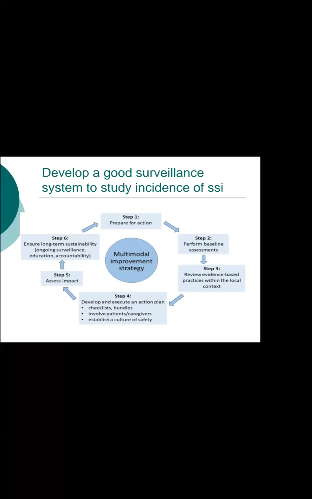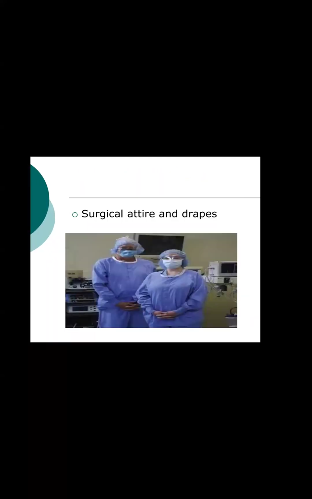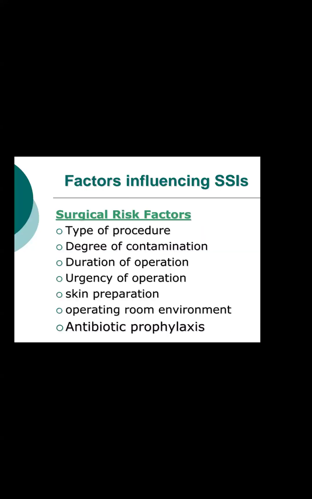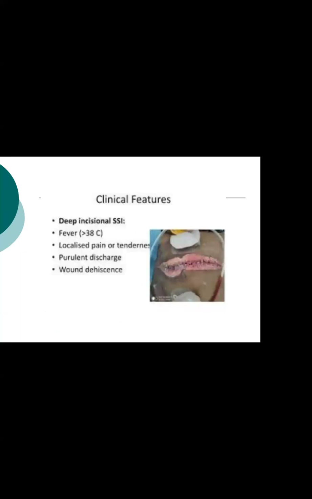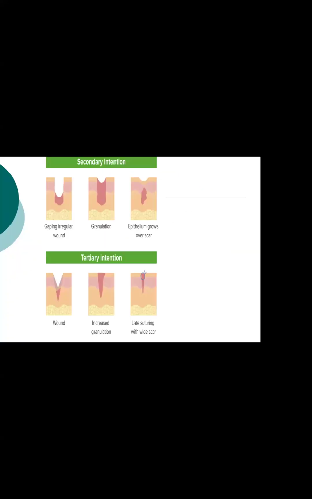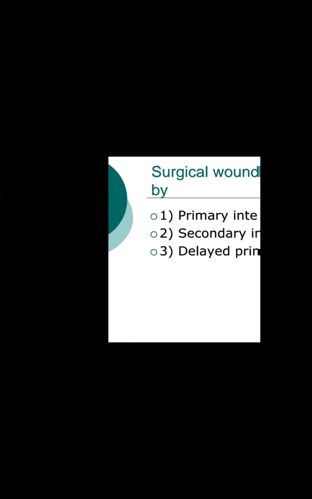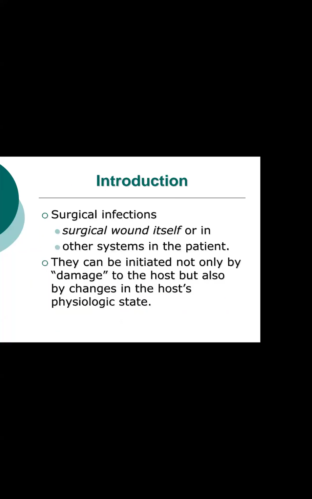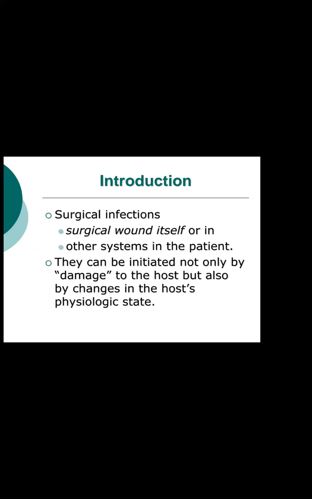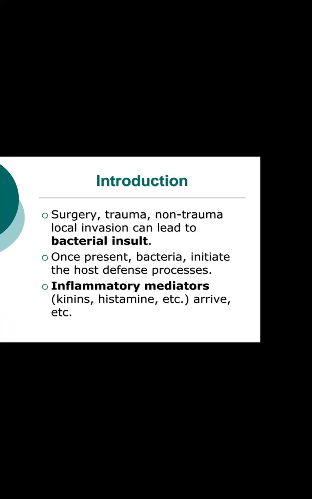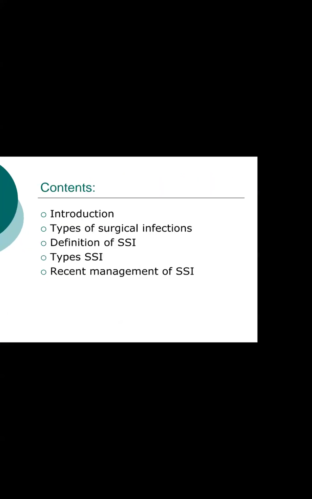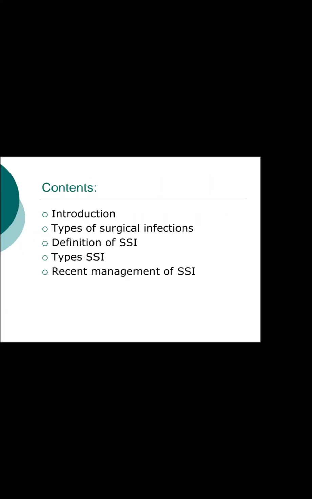So today, what all did we discuss? We started with the definition, right? Then we went on to the different types of healing. How wound healing takes place. Then SSI and types of SSI as per CDC guidelines.